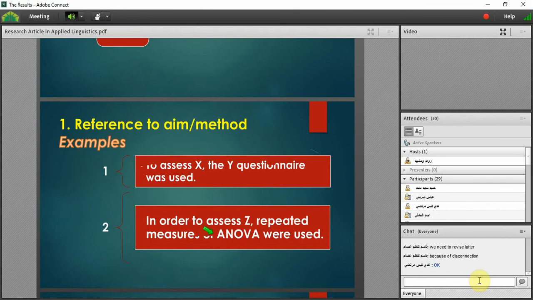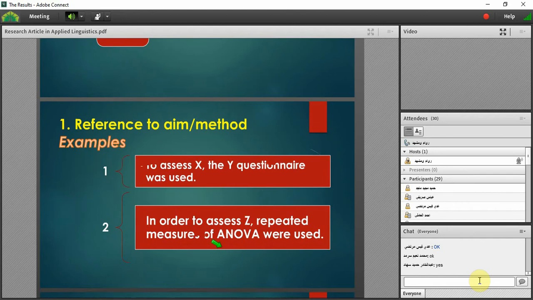See, my students? Did you get the point, everybody? At the beginning of the results section, you should be telling the readers about the method you use to collect the data. That's it.